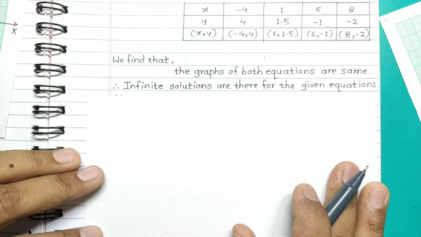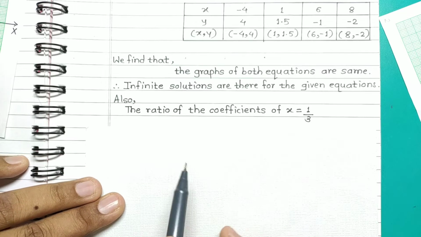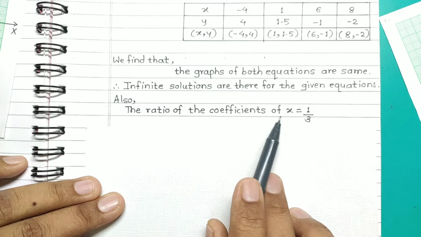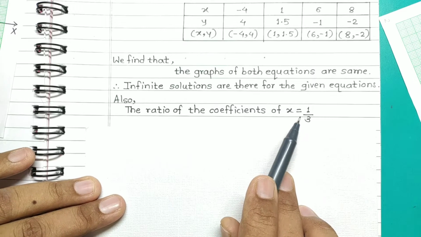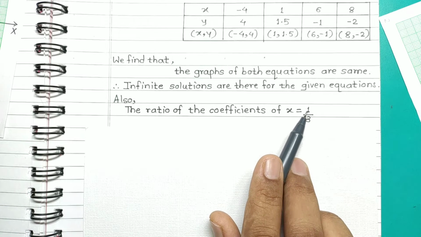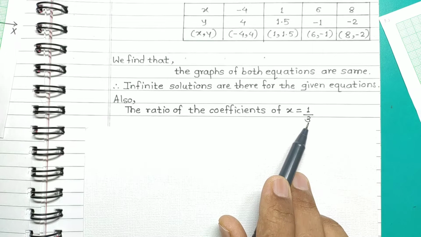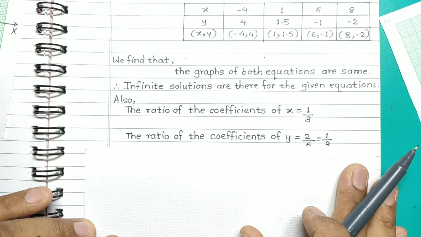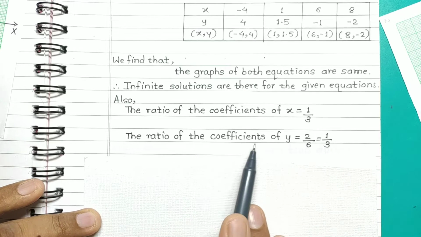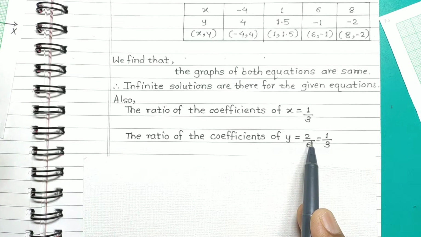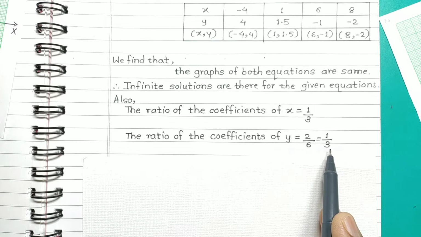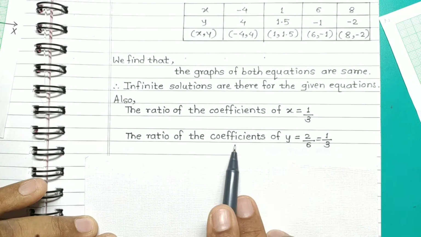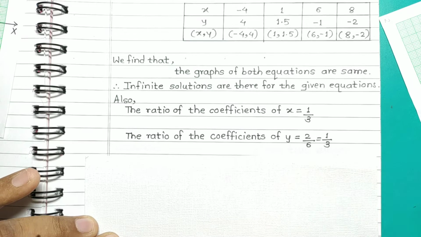We observe that the ratio of coefficients of x, the coefficient of x in the first equation is 1 and in the second equation it is 3, so this ratio is 1 by 3. Then the ratio of coefficients of y: in the first equation it is 2 and in the second equation it is 6, so it is also 1 by 3.